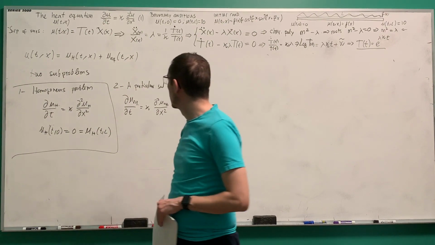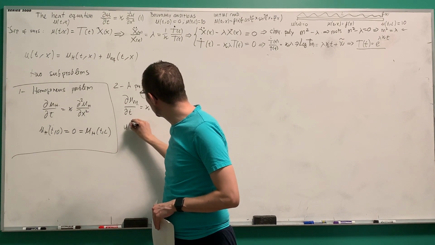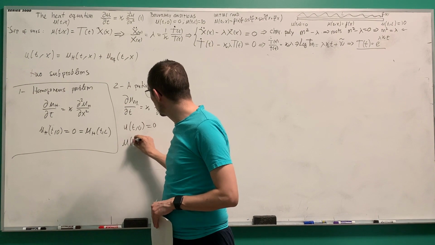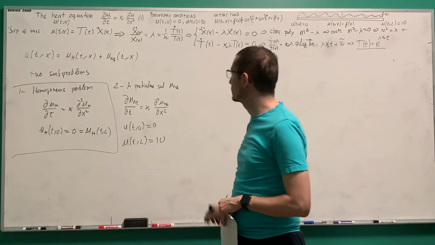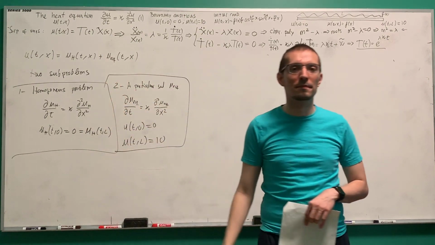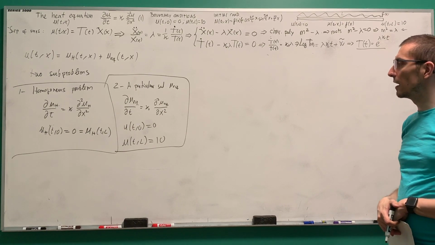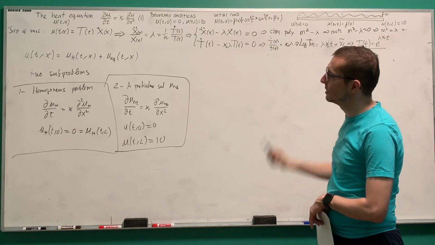A particular solution of this, but now the boundary conditions: for 0, yes, it's 0, the same, but the non-homogeneous one, I'm going to assign it to this guy. All right. There you go. A particular solution to the heat equation that satisfies the boundary condition that is not homogeneous.